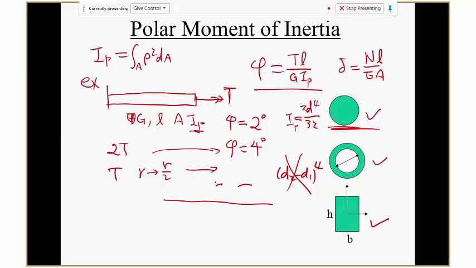The easy one would be, if I double the G, how does the angle change? Half. That's easy, a linear relation. The challenging part is here: this is not linear, it's fourth power. So if I double the area, how would the IP change?